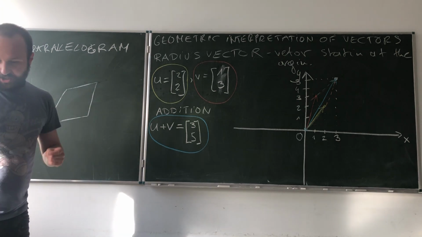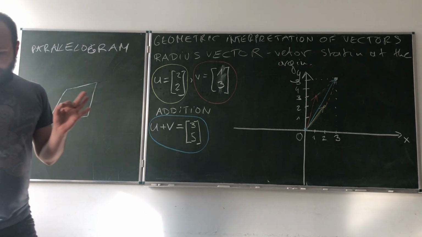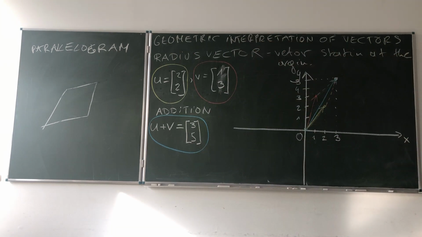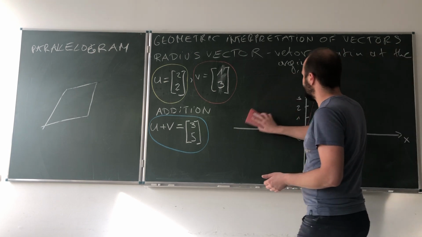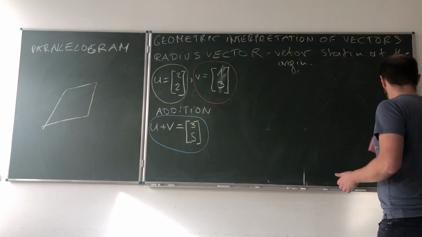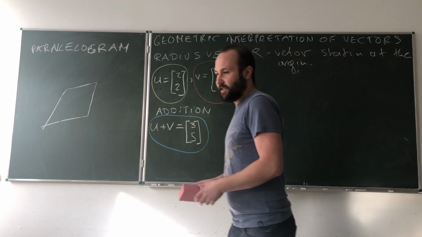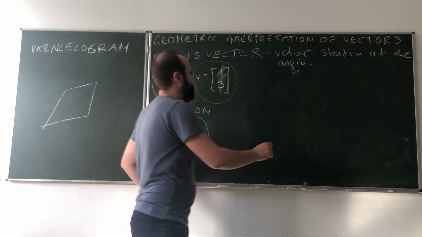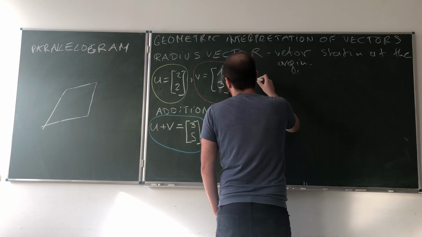Okay, now let's just say that what we want to do is try multiplication by scalar. And this time we're just going to stick with vector u.